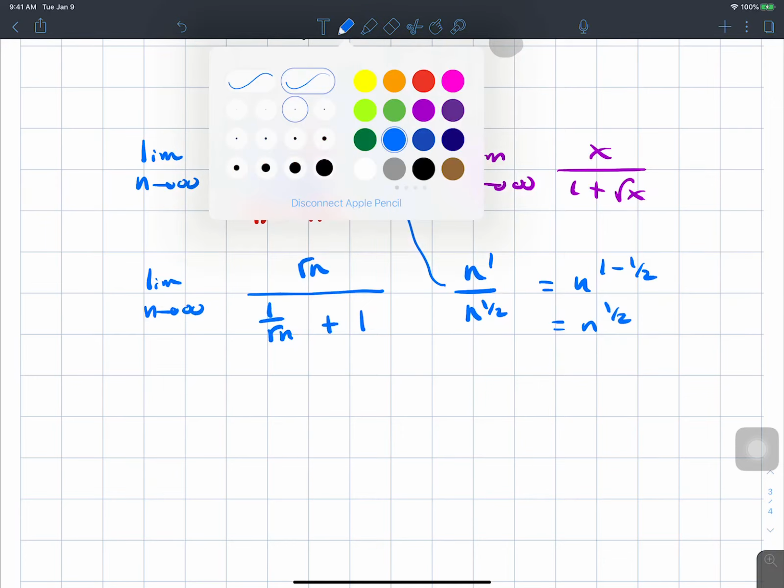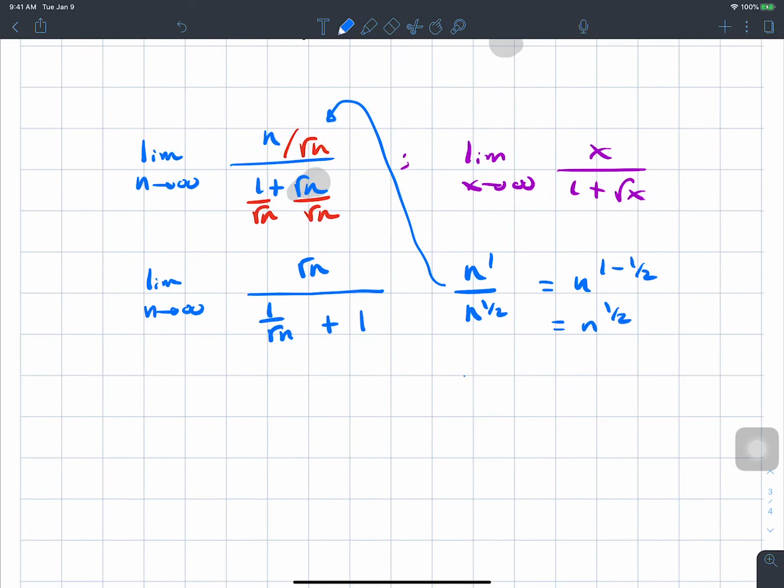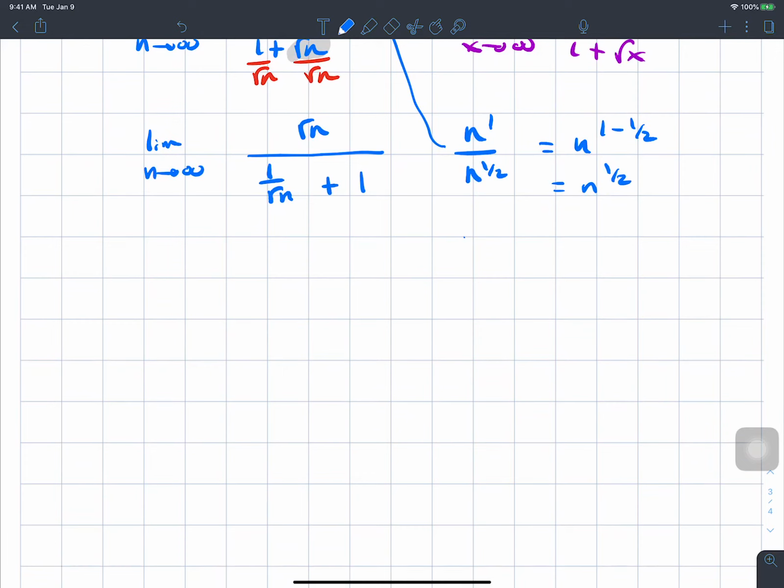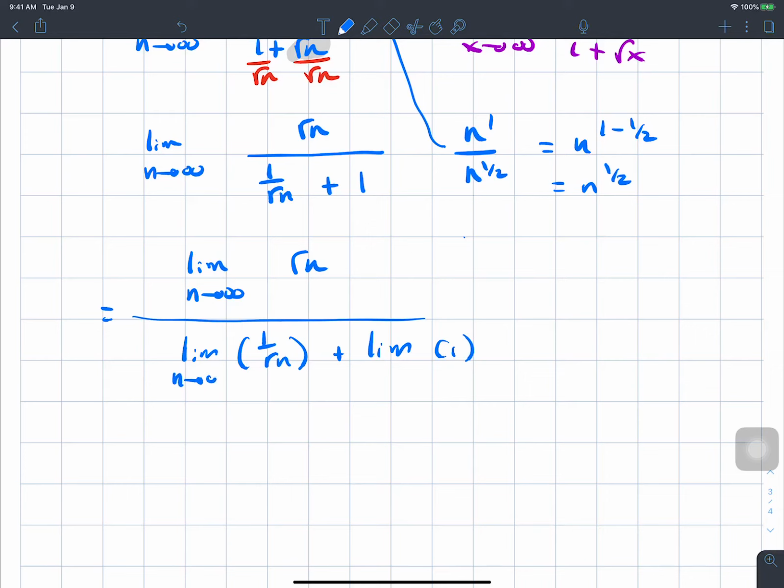Now if we look at this in terms of our properties, the numerator is the limit as n goes to infinity of the square root of n, over the limit of 1 over the square root of n plus the limit of 1 as n gets big.